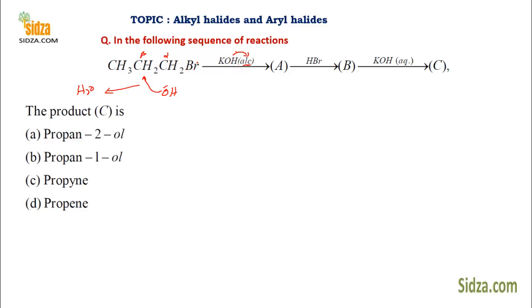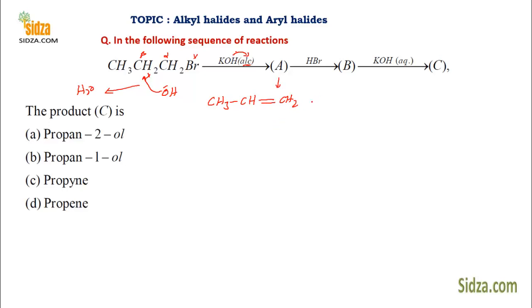When hydrogen and halogen are lost from these carbons, there is a double bond in between. So what is the product? You get CH3 CH double bond CH2. That means you got an alkene. So A here is this alkene.